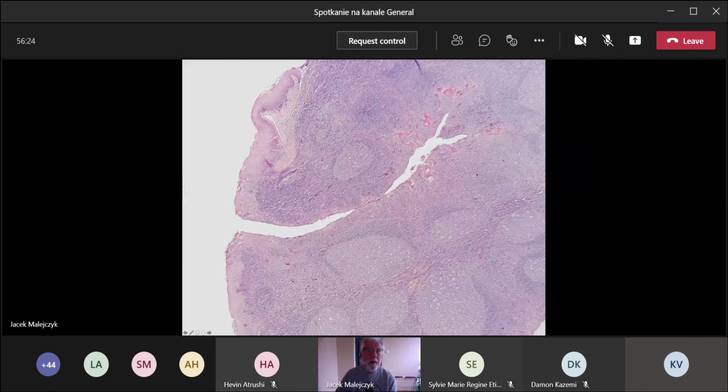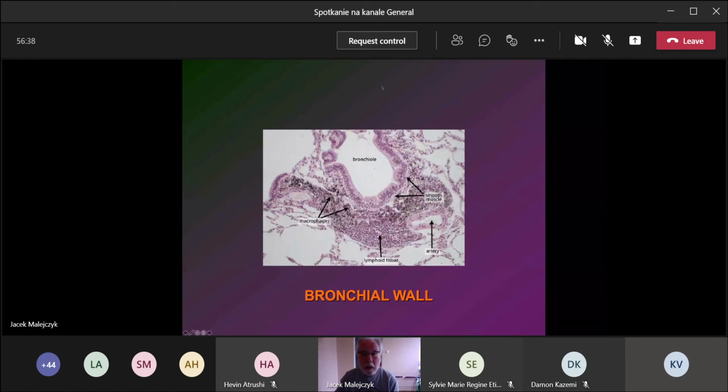This is another picture. As you see, there are usually many of these follicles here. So this is, how to say, our first defense system, which is common for the respiratory and alimentary tract in our throat.